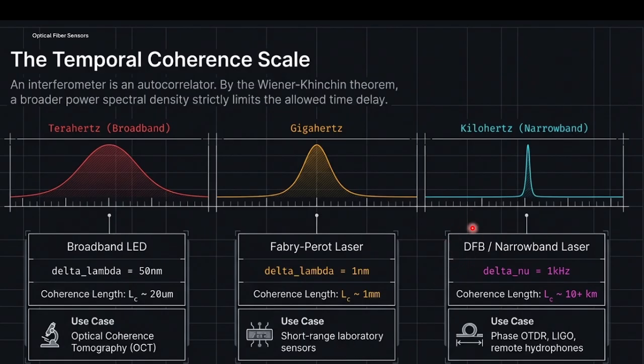The other one is the kilohertz case, where distributed feedback lasers and narrowband lasers are used. Here the linewidth is 1 kilohertz, and the coherence length is approximately 10 plus kilometers, like above 10 kilometers. This is used for phase OTDR, LIGO, and remote hydrophones.